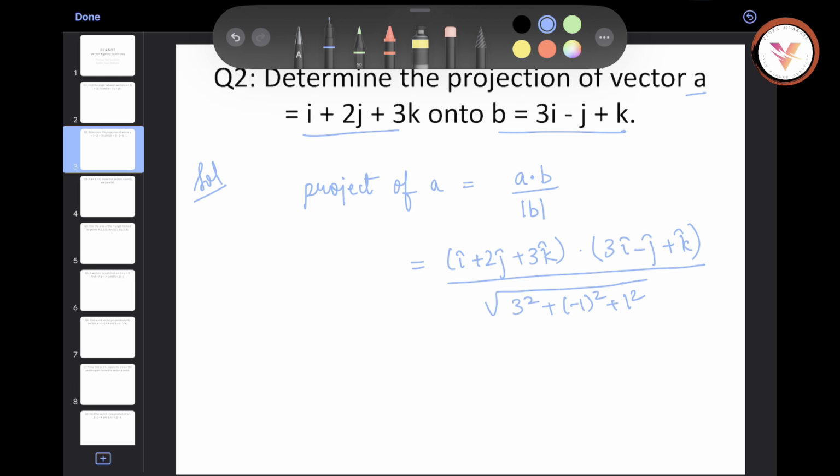So that becomes 1 into 3 is 3, minus 2, plus 3, over 3 3s are 9 plus 1 plus 1. Then it becomes 4 over root 11. So 4 by root 11 is the projection of A onto B.